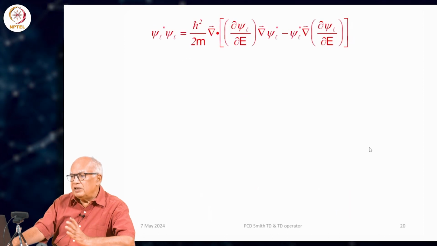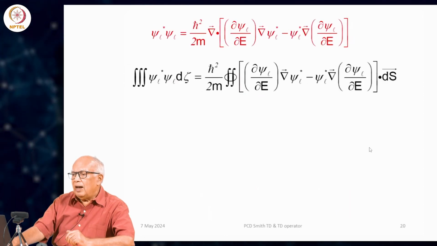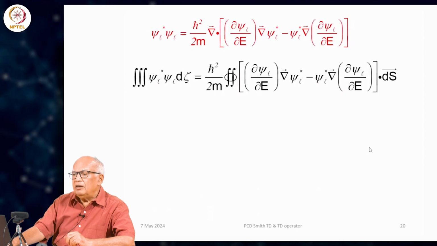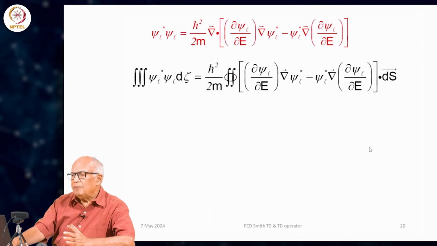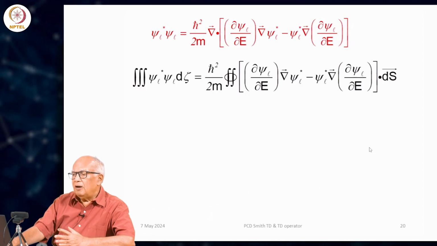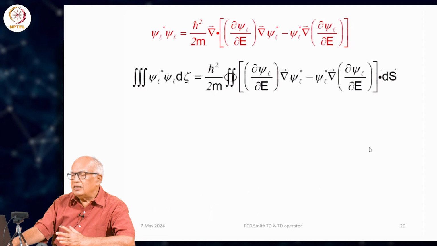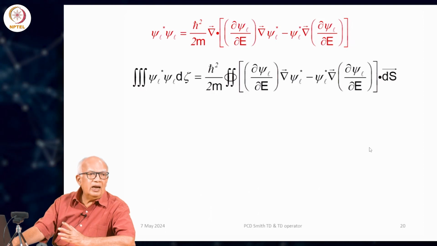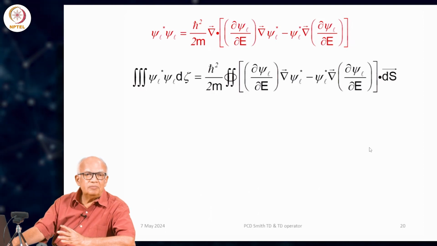So, you have the divergence of this vector and you take the volume integral of the left hand side and you have a surface integral of the dot product of the vector with an elemental surface vector.